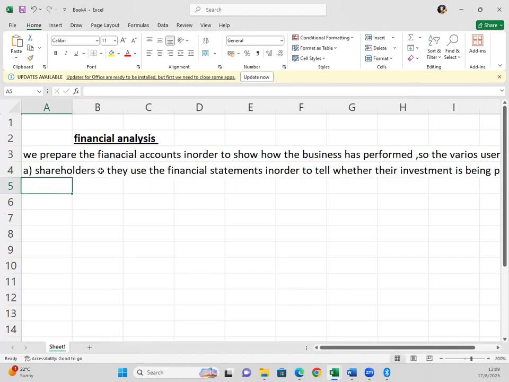It is the directors that will be given the mandate to run the company. So they just look at the financial statements and see how our company is being run.